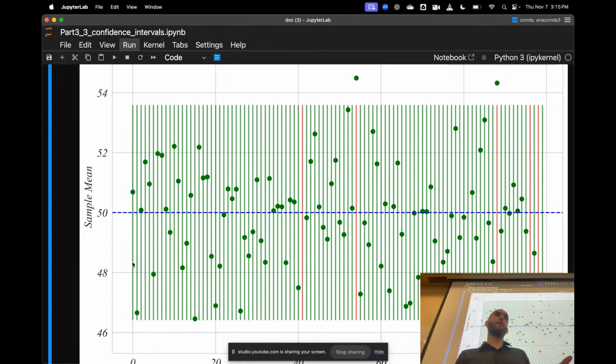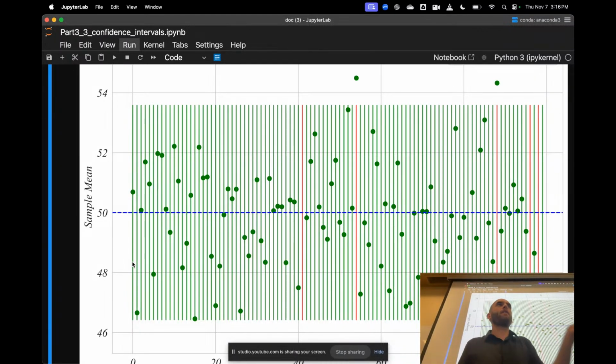The central limit theorem, you'll remember, tells us the distribution around the truth. And so what I've done is plot the distribution around the truth. So 95% of these 100 samples should fall within the green intervals. If they fall outside of the green intervals, I've colored them red.